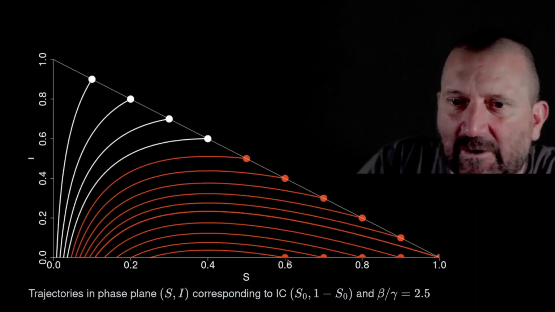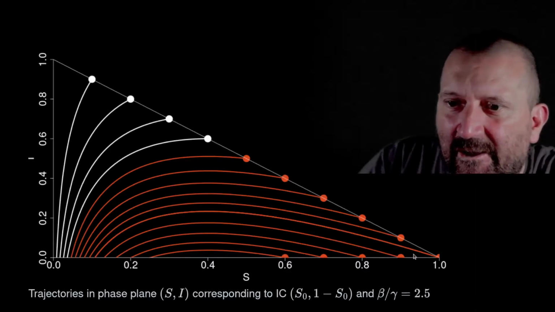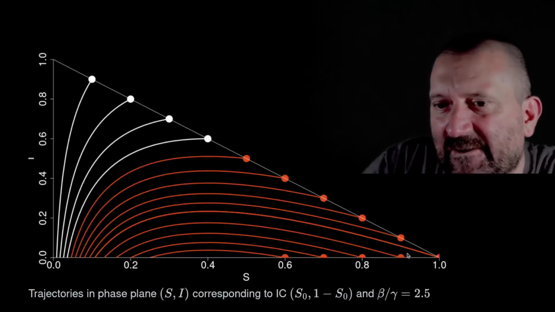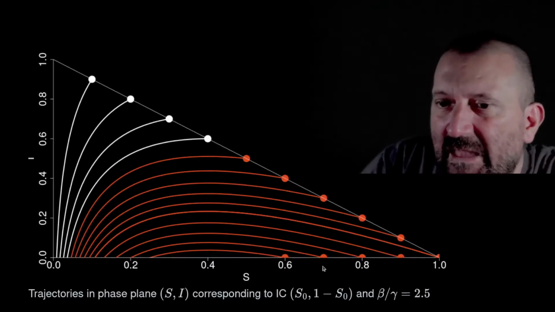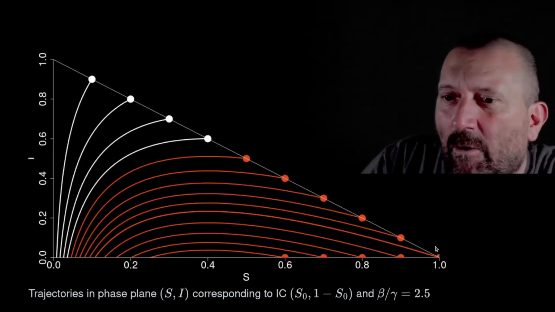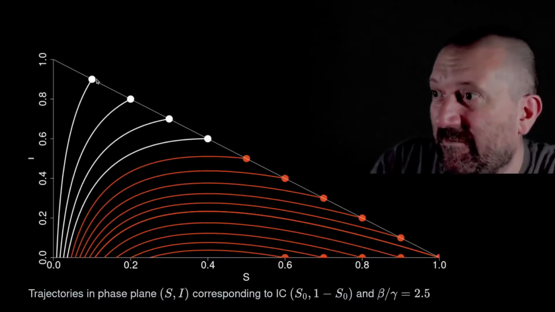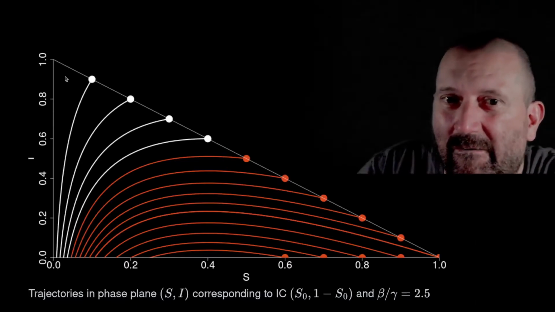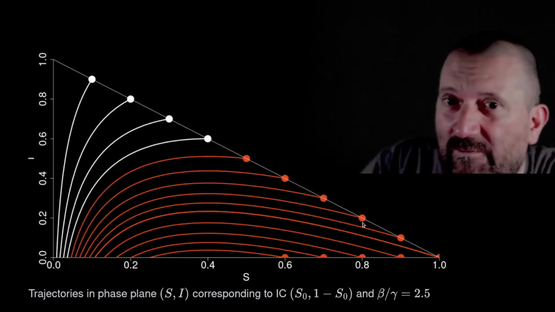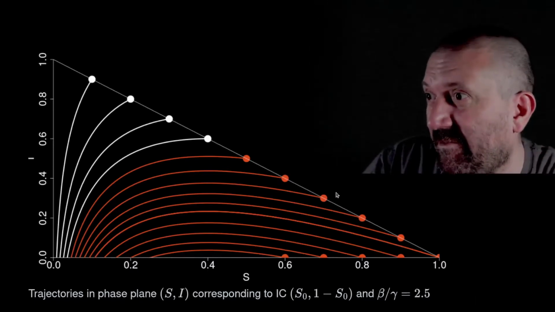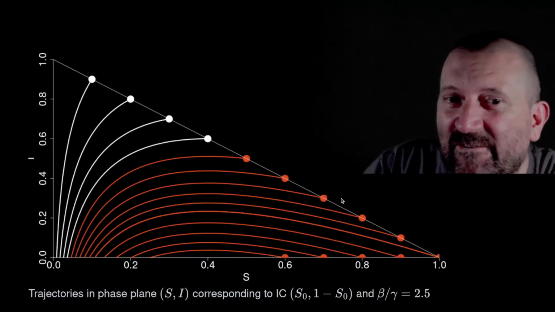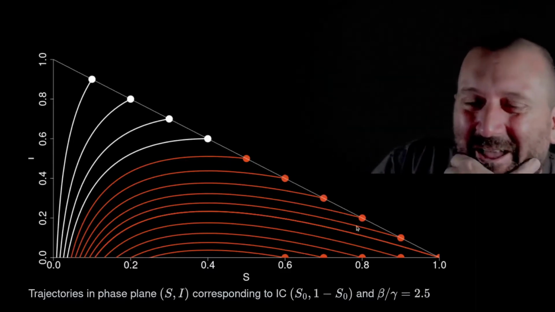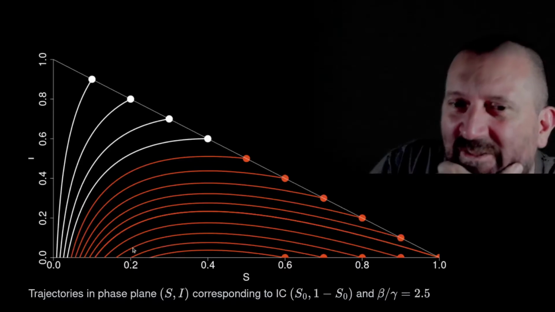I can start with S more than a half, and very low I, or I can remember that S plus I, because I've normalized my population, the sum of the two equals 1, essentially because I'm assuming I start with no removed, and so I can follow these solutions.